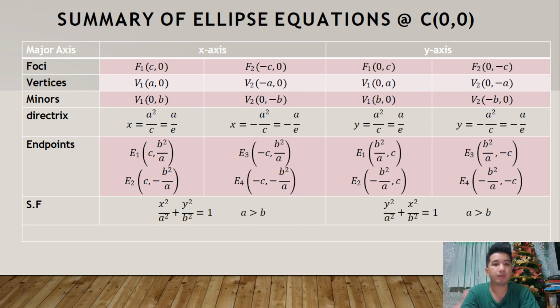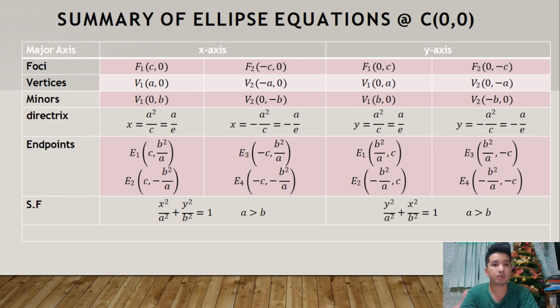Vertices: V1 is (A, 0), V2 is (negative A, 0); or V1 is (0, A), V2 is (0, negative A). Minor axis endpoints: (0, B) and (0, negative B); or (B, 0) and (negative B, 0).